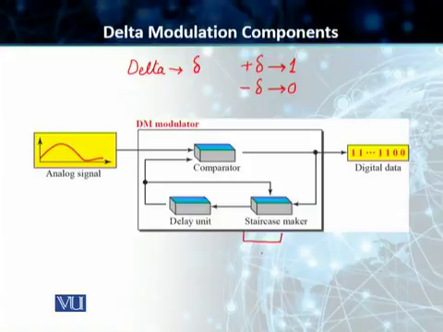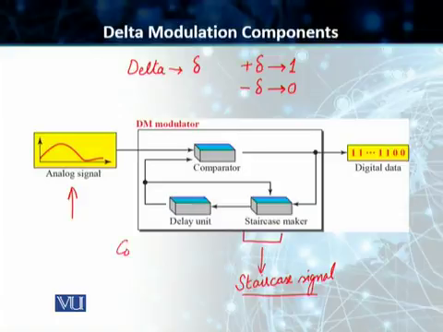And for that, you have got a staircase maker, which creates a staircase signal that we are going to compare this analog signal with. Finding the change or the delta is then just a matter of comparing the input signal with this staircase signal.